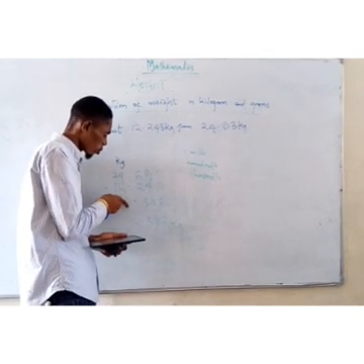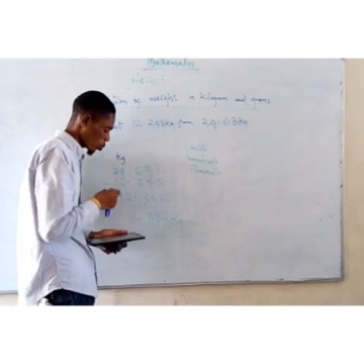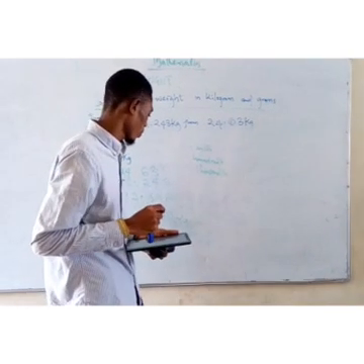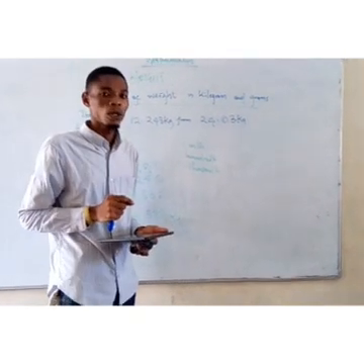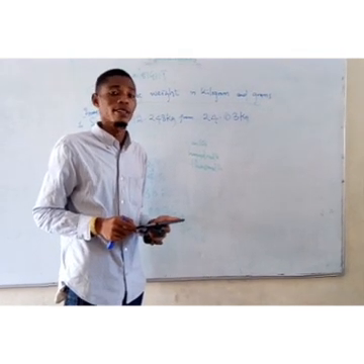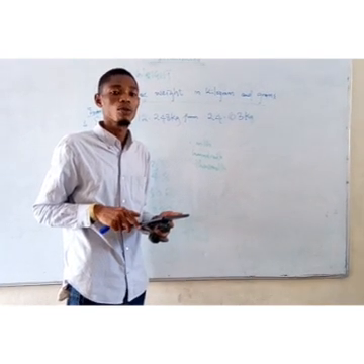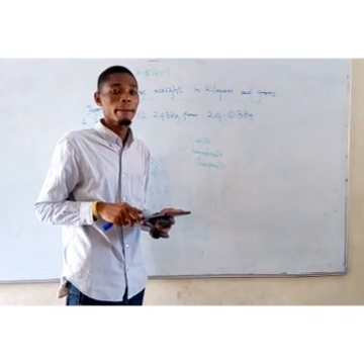Then 4 minus 2 gives us 2. 2 minus 1 gives us 1. So we have 12.382 kilogram. I hope you understand it because it's very simple. And please, if there is any question, please feel free to ask, okay?